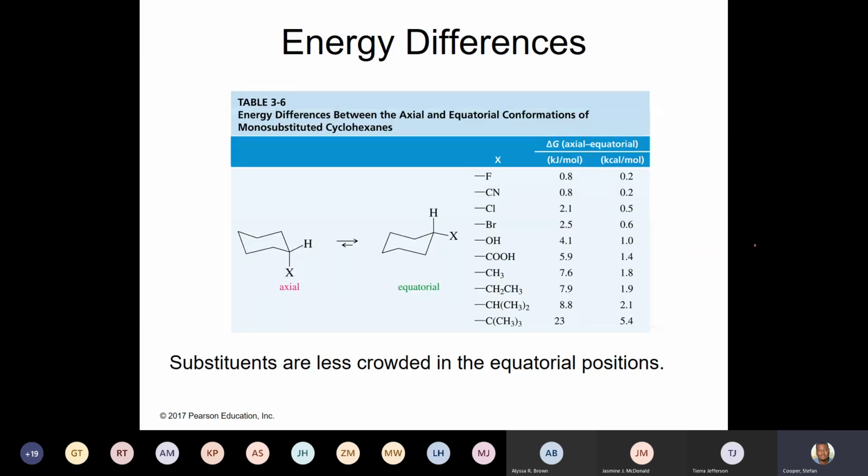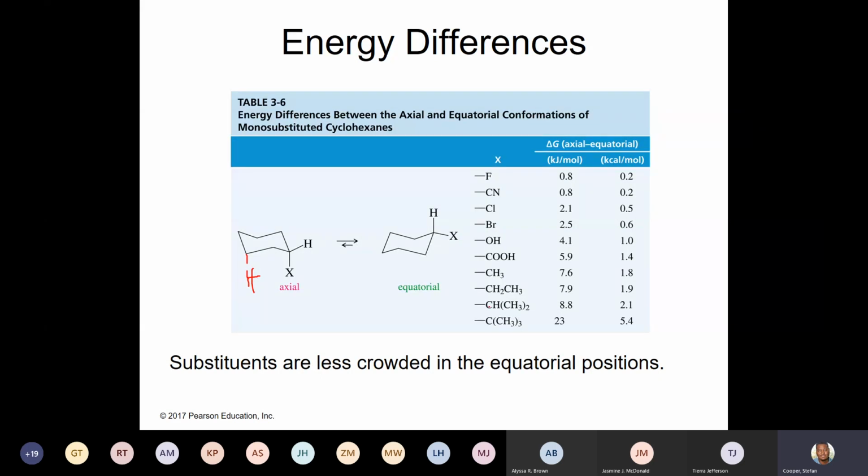So this slide is trying to show when I place a certain atom axial, and again, if I put it axial, it's going to have that 1,3-diaxial interaction, right? It shows you the influence of the size in the interconversion between putting this thing axial and it flipping to get it out of axial to be equatorial. So if I look at the fluorine, the energy between the two chairs are kind of close.